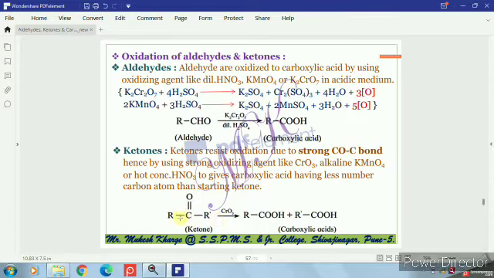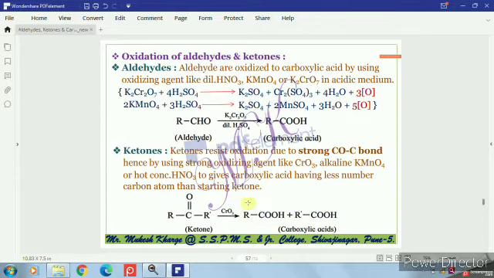So here if R and R dash are CH3, meaning acetone, then here we get CH3COOH, and here R dash is also CH3COOH. In your ketone there are 3 carbons, but in your acid only 2 carbons are present. So there is a loss of carbon atom when ketones undergo oxidation.